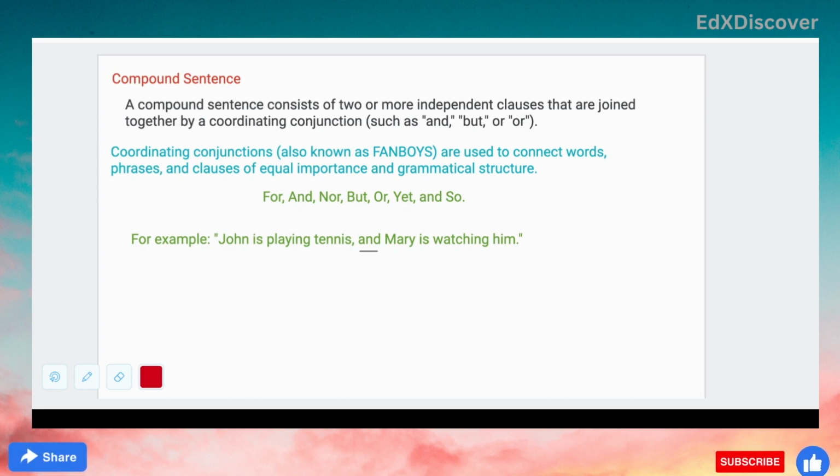Okay, now I'm going to give you one more example. Just tell me which coordinating conjunction will appear in between these two sentences.